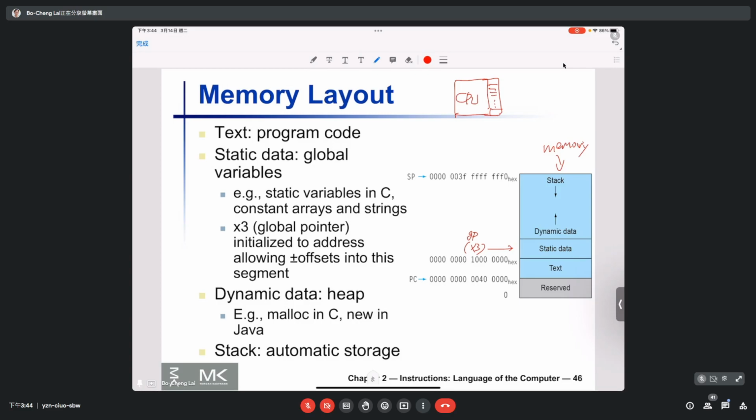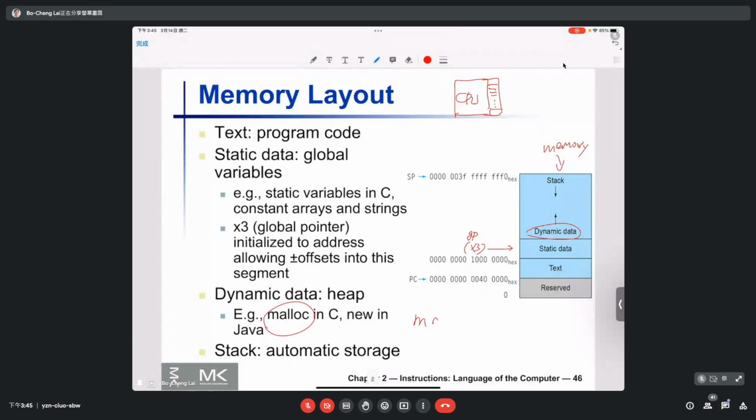Oh, let's talk about the heap first. This area is called the heap, or dynamic data. It is the area used whenever your program needs memory space dynamically at runtime. Have you called malloc, memory allocation, when writing C or C++? Python people probably don't. Have you called malloc asking the system to give you a memory space of 128 bytes, for example?